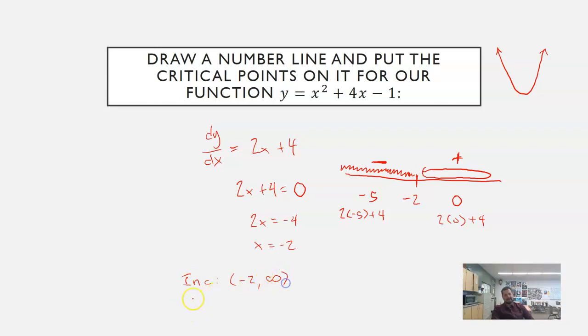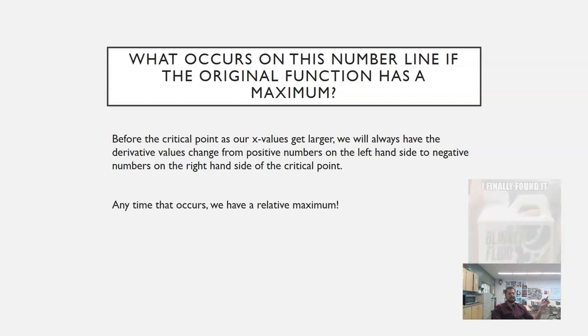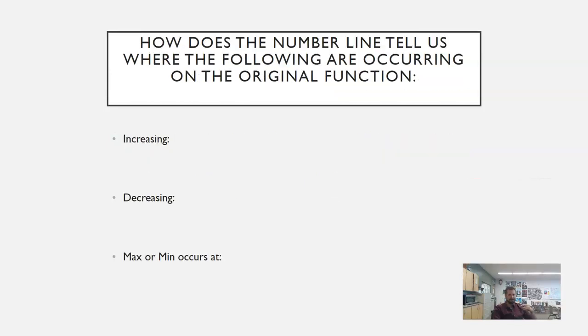If I were to ask you where this function is decreasing, you could say from negative infinity all the way to negative 2. And if you think about it, because the function changes from decreasing to increasing, since we changed from a negative derivative value to a positive derivative value, at x equals negative 2 we have at least a local minimum, okay?